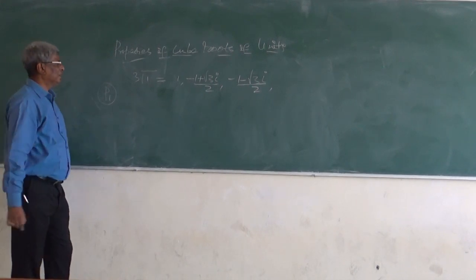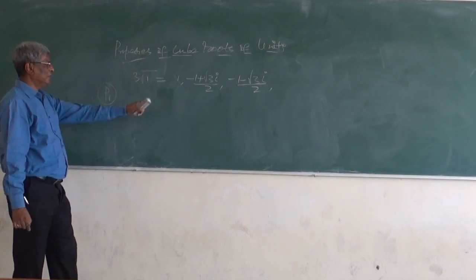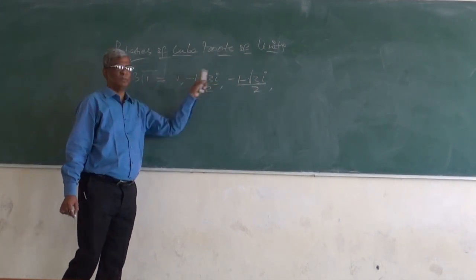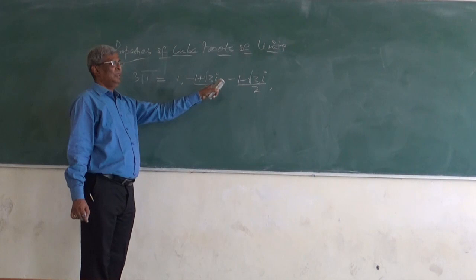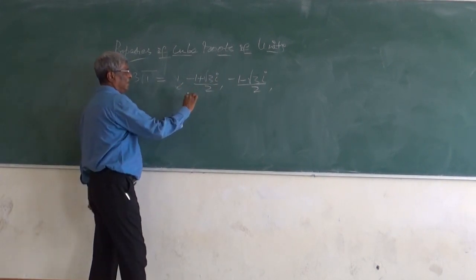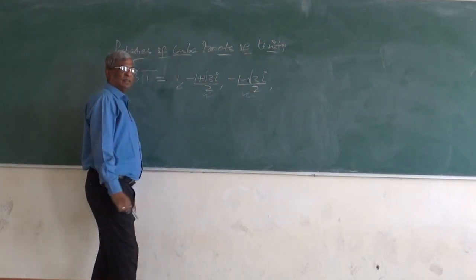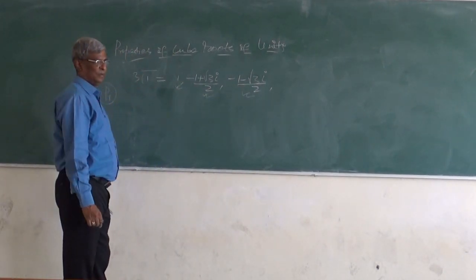Out of 3 cube roots of unity, one is real and the other 2 are complex conjugates of each other.